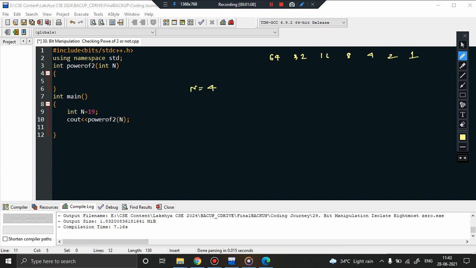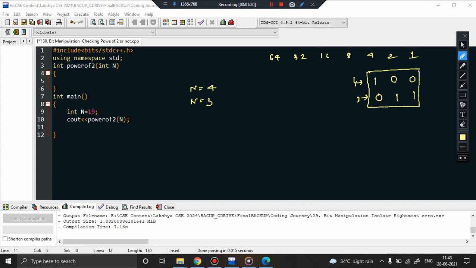How will 4 be represented? 1, 0, 0, isn't it? And take the number 3. How will 3 be represented? 0, 1, 1. Remember, this is 4, and just below it you have 3.